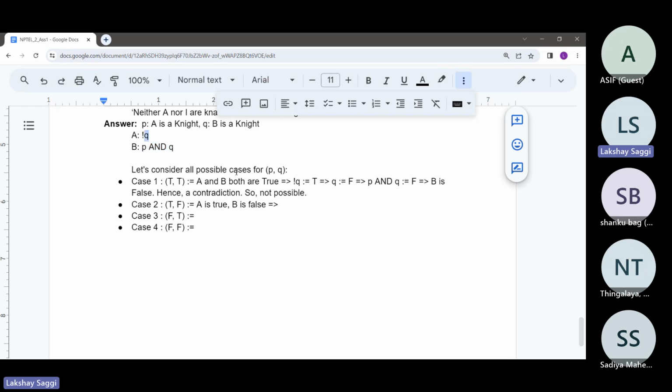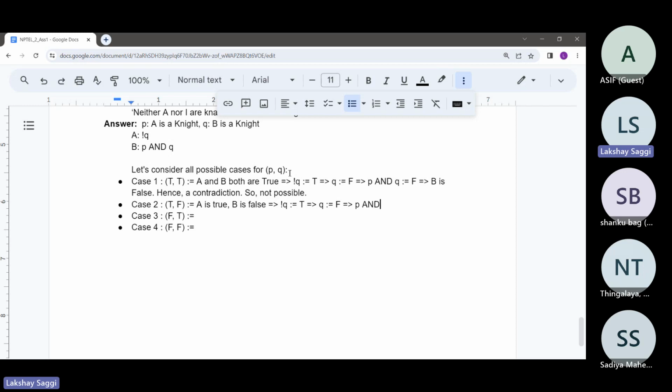So if not Q is true, this implies that Q is false. I hope you get the gist of the argument, how my arguments are going. I'm just taking these cases and resolving whatever comes my way. So not Q was true, so Q was false.